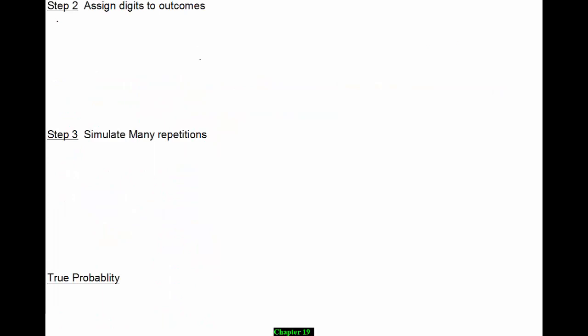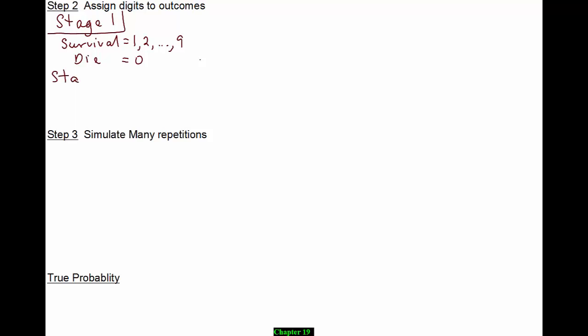And since we can write those probabilities out to 1 decimal place, 90% and 10%, then we're going to use single digits to simulate survival. So we're going to let 1 through 9 simulate surviving, and we're going to let the remaining digit 0 simulate not surviving.